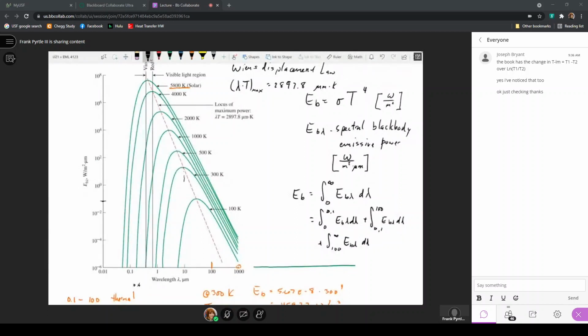So let's say your skin was approximated as a black body surface. Your skin temperature is close to room temperature. So my skin does not get hot enough to emit in the visible light spectrum. All it can do is emit in the infrared spectrum.